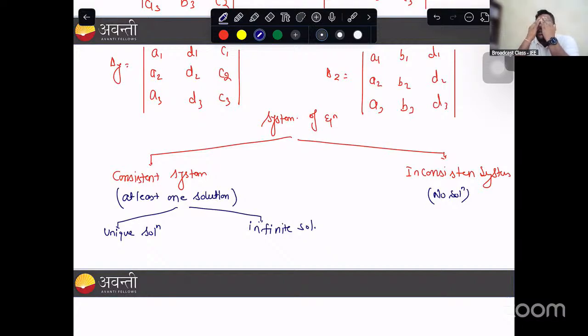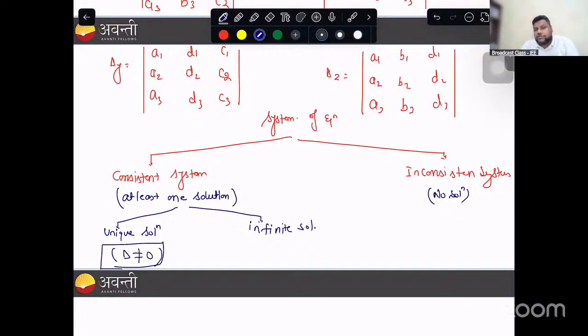In that case, there will be infinite number of solutions, or there is a case when there is no solution. So there is no possibility of the system having two solutions, three solutions, five solutions. Either it will be a unique solution, meaning one solution, or infinite solutions, or no solution.